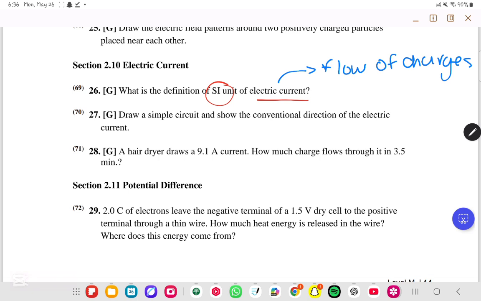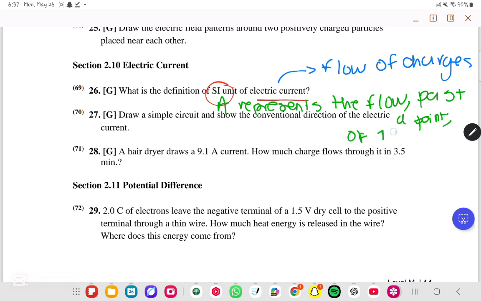Now, the SI unit of the electric current, which is the ampere, A, represents the flow past a point of 1 coulomb of charge per second.